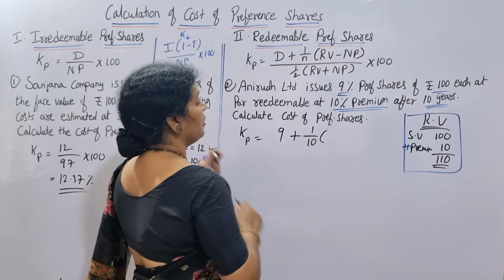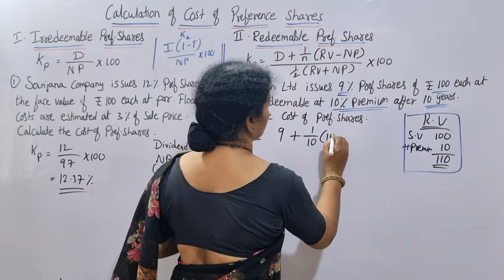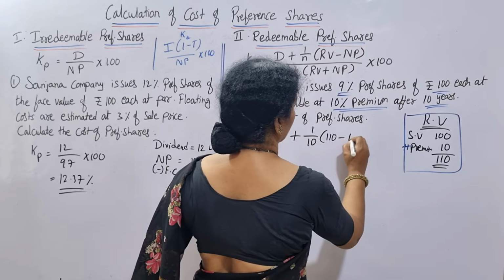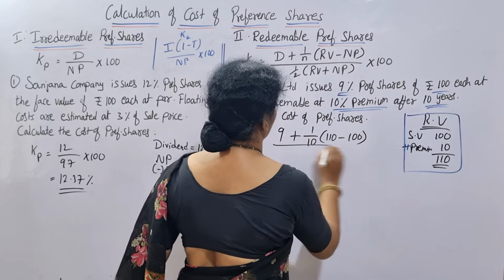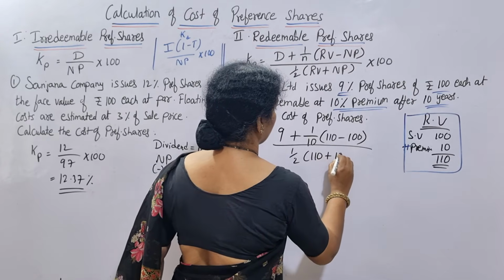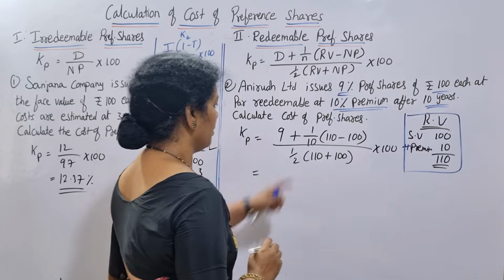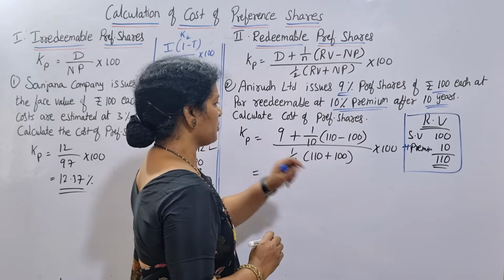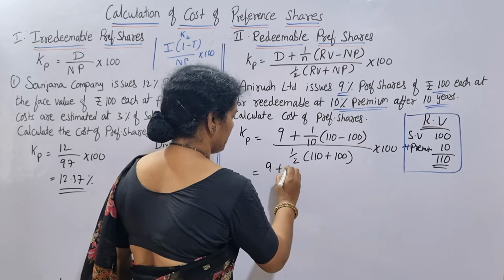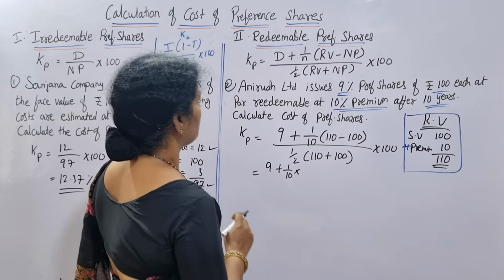Redeemable value, 1 by N is 1 by 10. Redeemable value is 110 minus net proceeds. Net proceeds here are 100, by 1 by 2 into 110 plus 100, into 100. We'll do the calculations. 110 minus 100 comes to 10. 10 divided by 10 is 1 only. So this is 9 plus 1 by 10 into... net proceeds is 100, no?